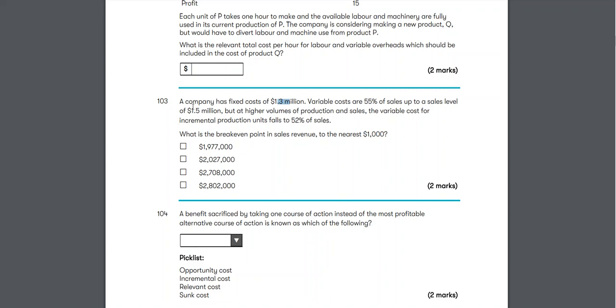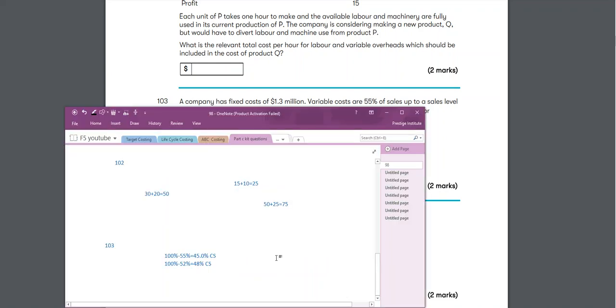Now, in a question like this, first look at the fixed cost and see whether, remember, after 1.5 million sales, the contribution increases. So first we will see whether our break-even point happens before 1.5 million or not. If it happens before 1.5 million, then it's okay. Let's see. If we divide 1.3 million by 0.45, it becomes 2.8 million sales.